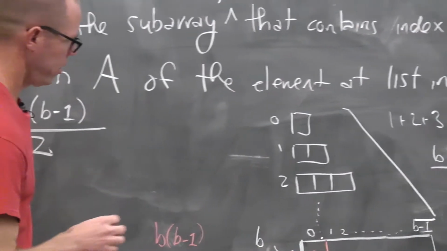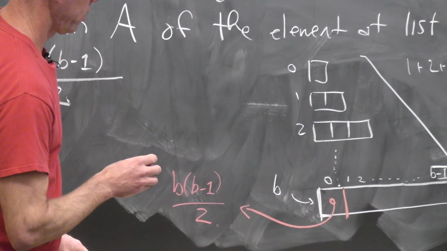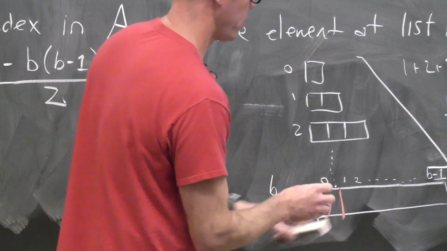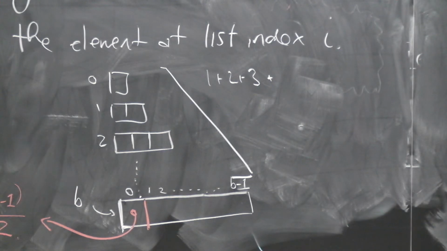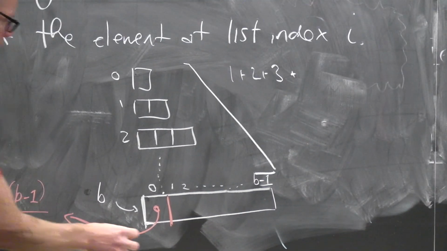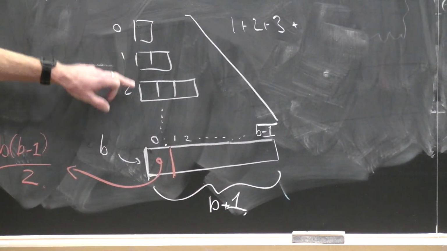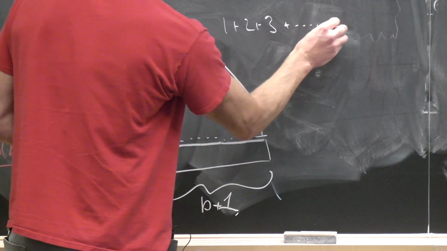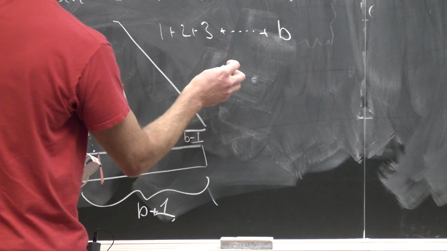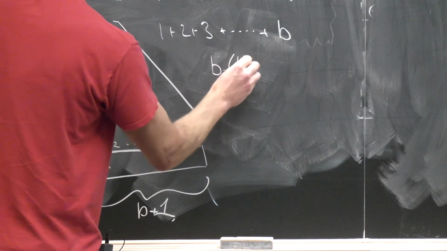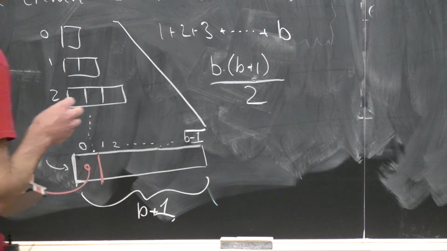Right. I got that wrong. If this is at index b, it contains b plus 1 items, meaning these ones count all the way up to b, meaning that there are b times b plus 1 of them divided by 2.